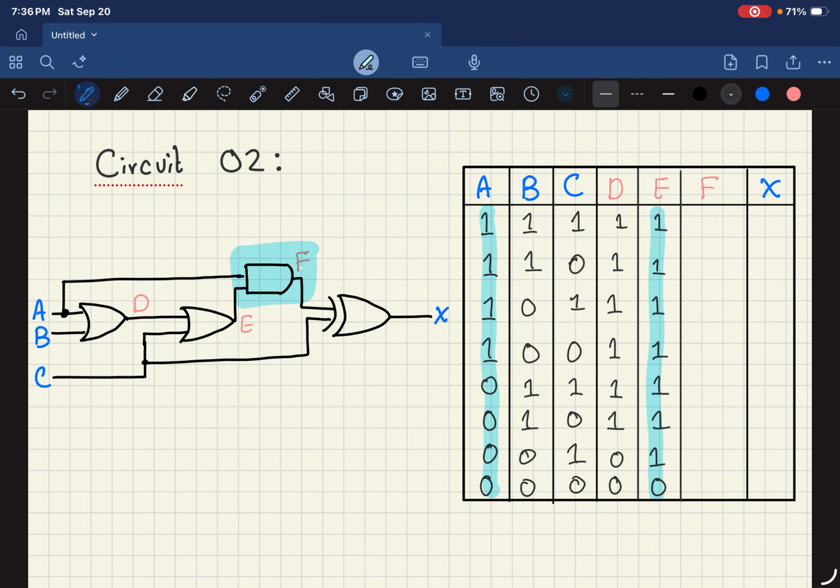What was the logic of AND? It produces 1 only when both the inputs are 1. So for the first input it's 1 and 1, that produces a 1. For the second input it's again 1 and 1, that also produces a 1. Same for the next input, 1 and 1, that produces 1. Again 1 and 1, that produces 1.